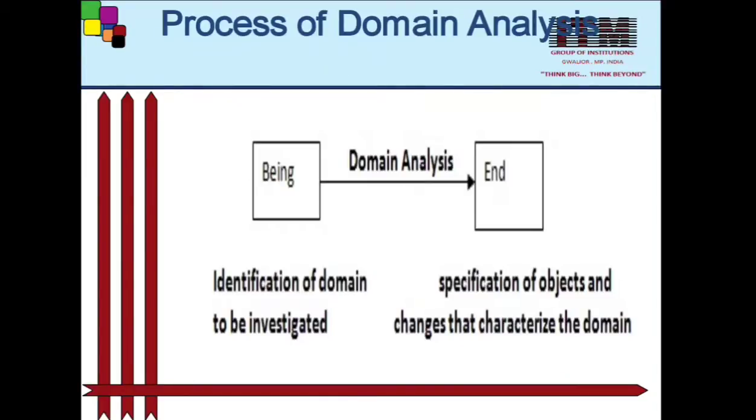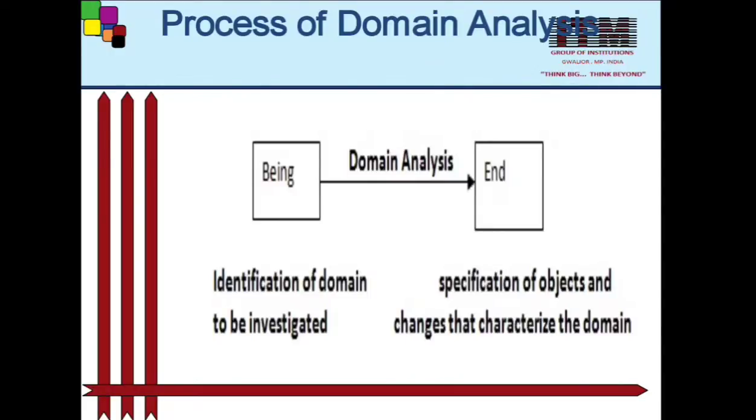The domain analysis process consists of many steps performed sequentially. Here a series of steps is included in which initially the domain is investigated and identified, then processed through steps one by one, and the specification of objects and classes is made.